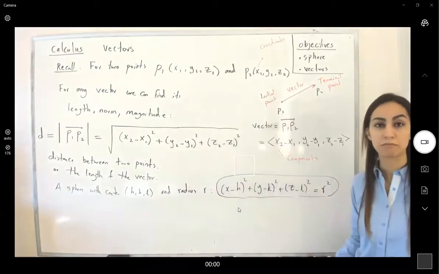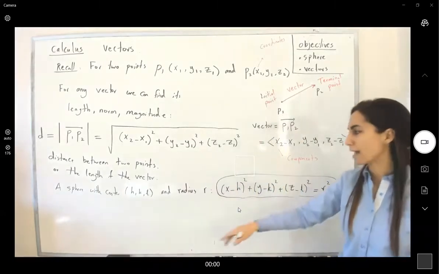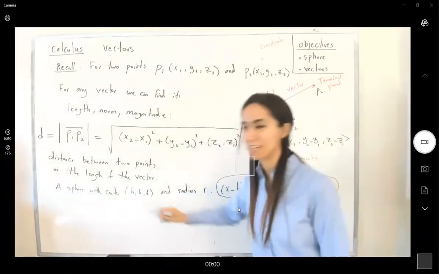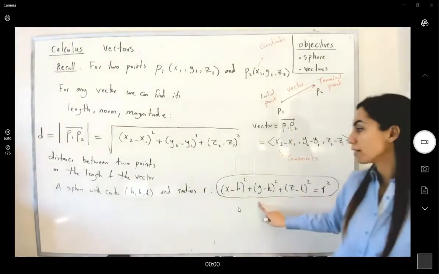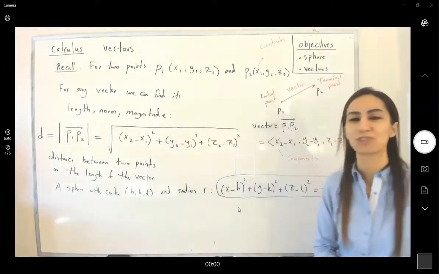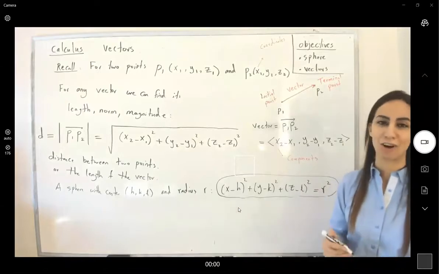So we have a sphere in the space centered at h, k, l, and the radius is equal to R. We derive this formula from the definition of distance and the definition of sphere.